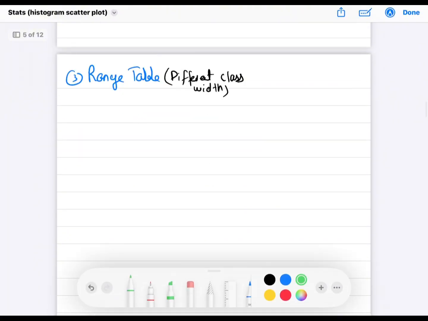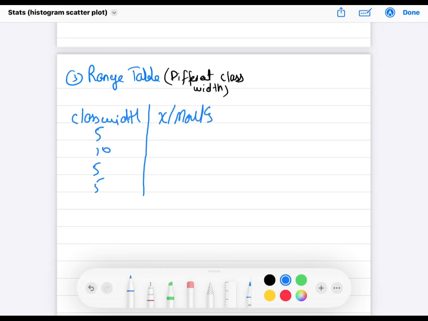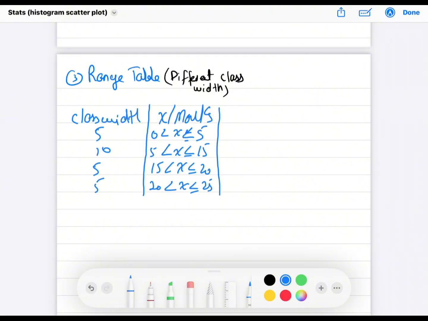Let's take one example. I'm taking random data right now. I have a class width of 5, 10, 5 and 5, and I have x, or we can say marks, with ranges of 0 to 5, then 5 till 15, then 15 till 20, and 20 till 25.